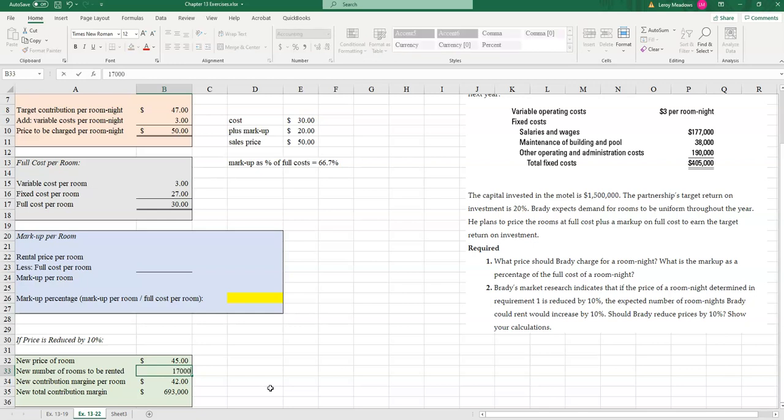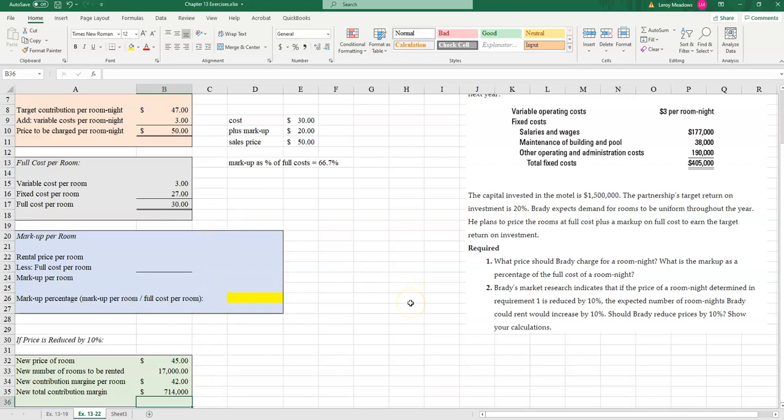Then this $693,000 equals this times this. Let's say I get another 500 room nights, and so instead of 16,500, now I can actually get 17,000 room nights. Then my total contribution margin will change and will increase from what I'm doing now.